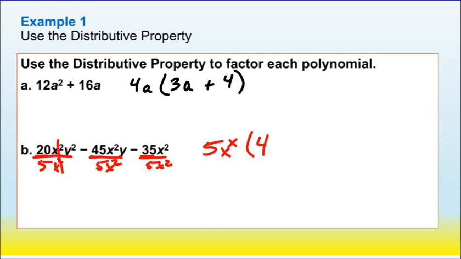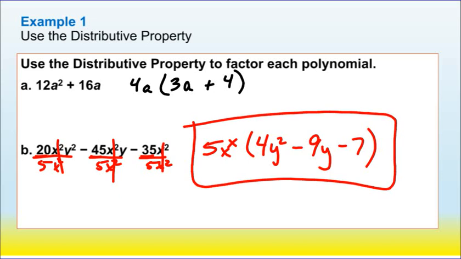The x squareds divide out, and I'm left with a y squared. Minus 45 divided by 5 is 9. The x squared divides out, and I'm left with a y. 35 divided by 5 is a 7. It'd be a minus 7, because negative 35 divided by 5. And then the x squareds divide out, and I'm left with my problem that I would use the distributive property to check.